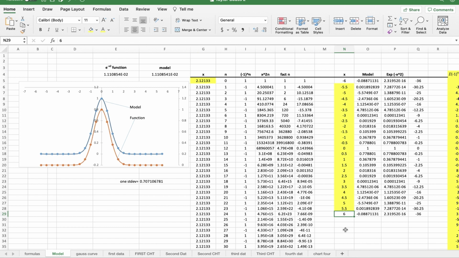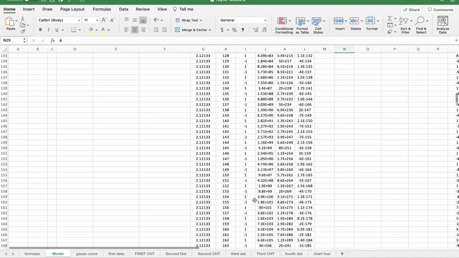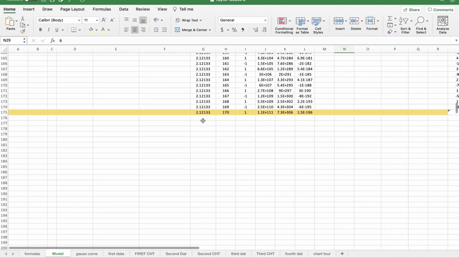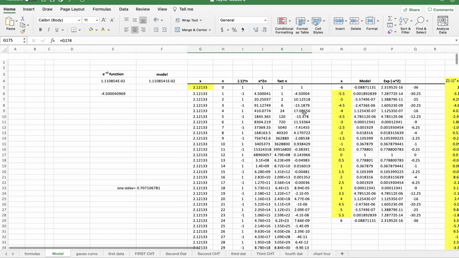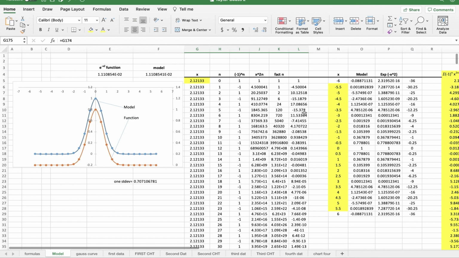And the reason for that is because I only carried this out to 170 terms. So I carried out the Taylor series 171 terms. In order to expand the accuracy on the x-axis, you have to add more terms.